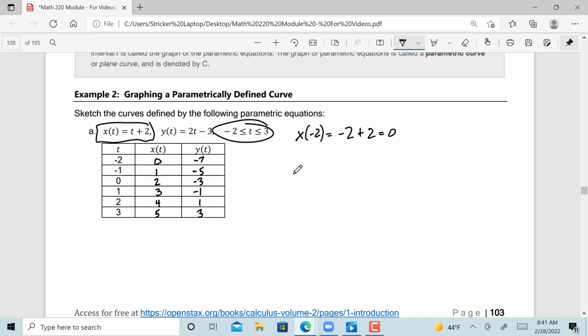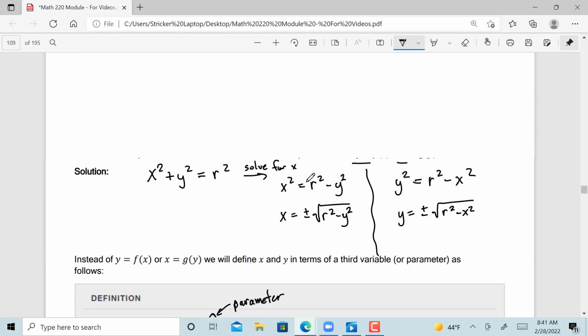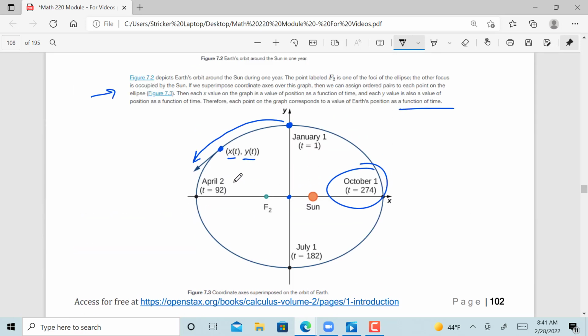Each one of these sets of parametric values for each t value generates a point, like we saw in the first figure on the first page of the notes here. We saw each point corresponded to a point on our graph.